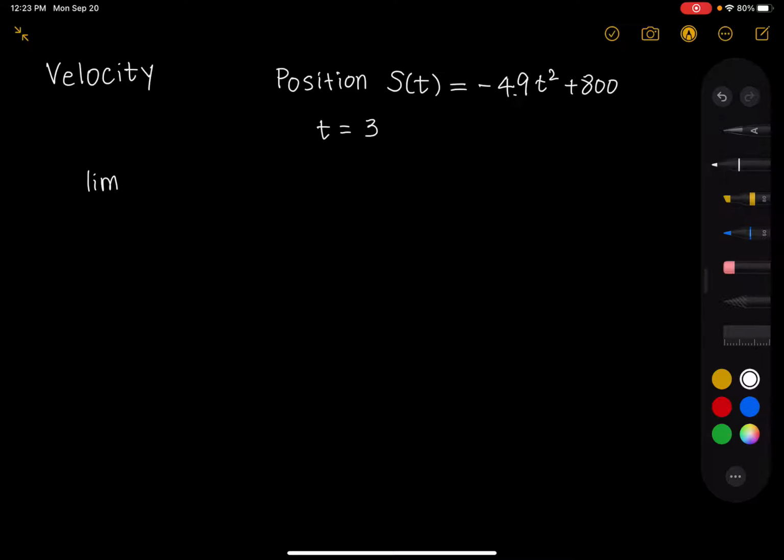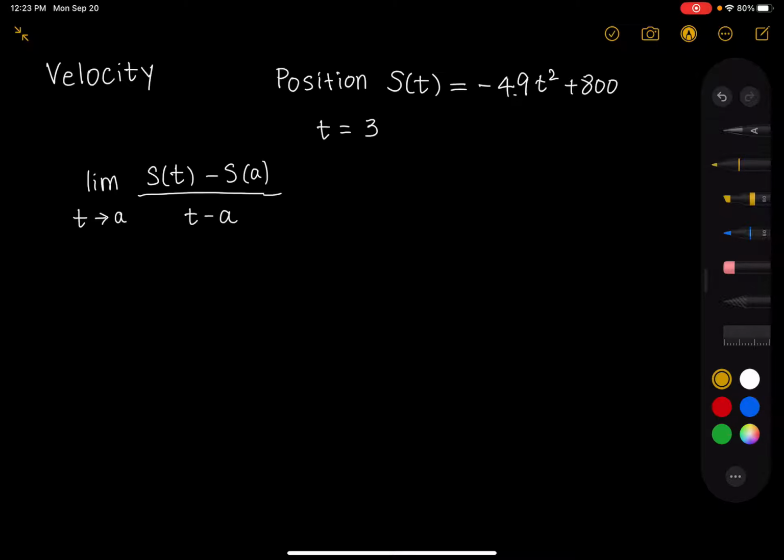For the velocity, it is the limit as time t approaches a, of the position at t, subtract the position at a, divided by t minus a.